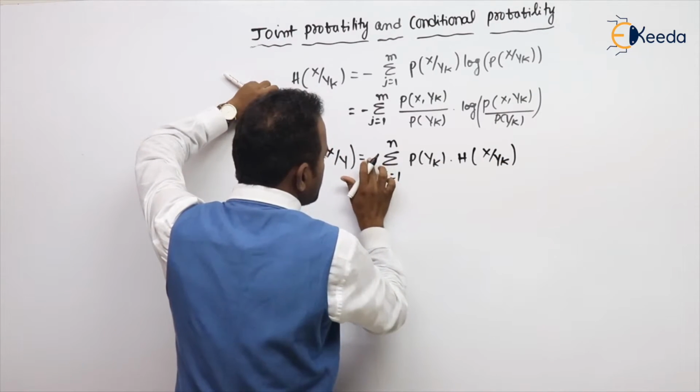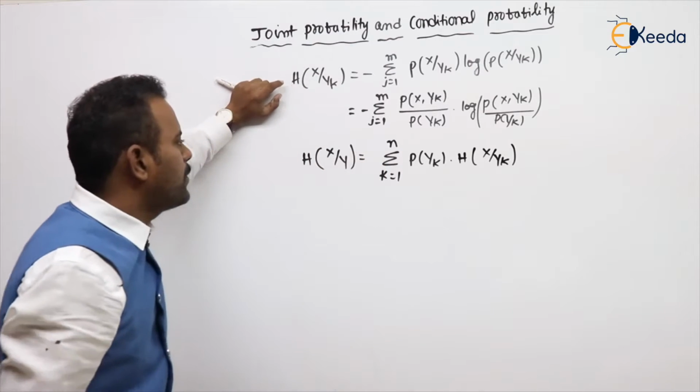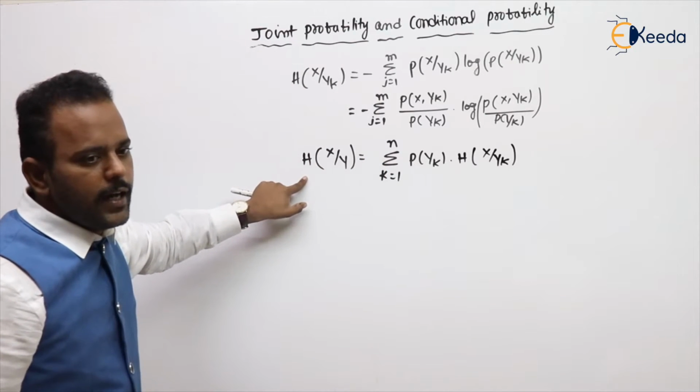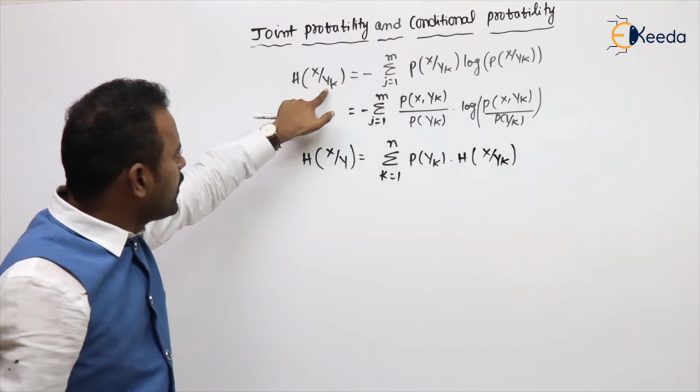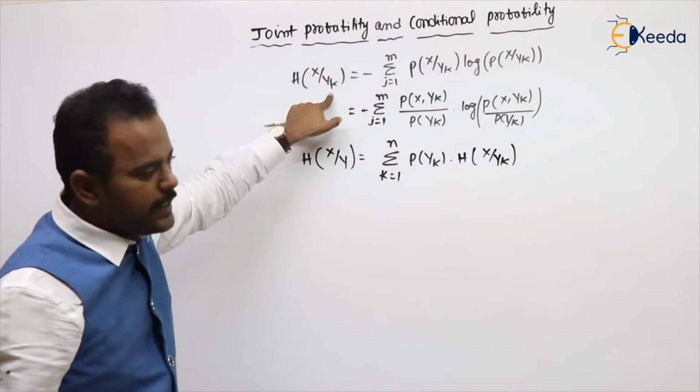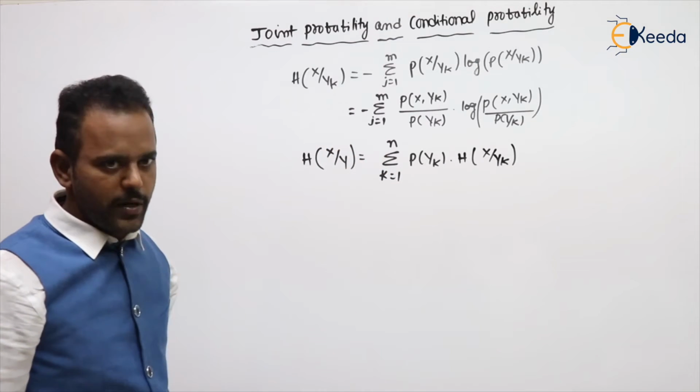What I am doing here is taking the average entropy of the whole system. Here, for only one symbol yk I took a particular one, here for all possibilities.